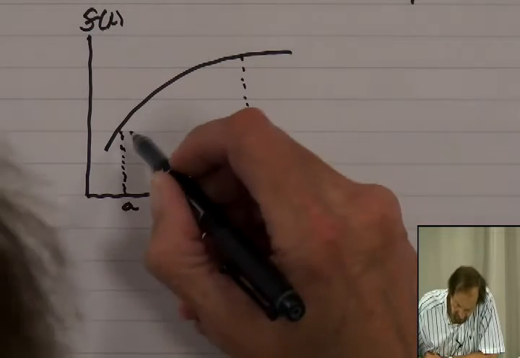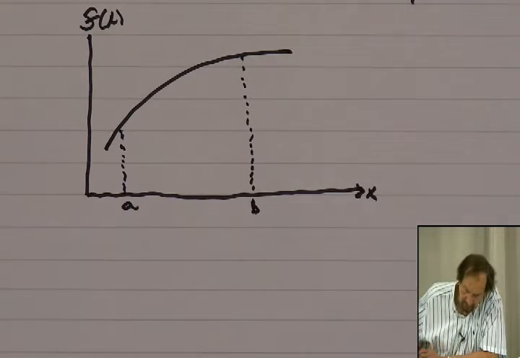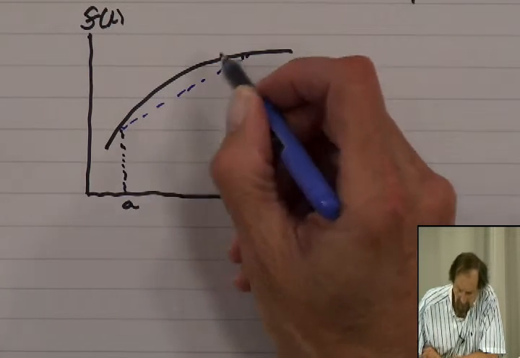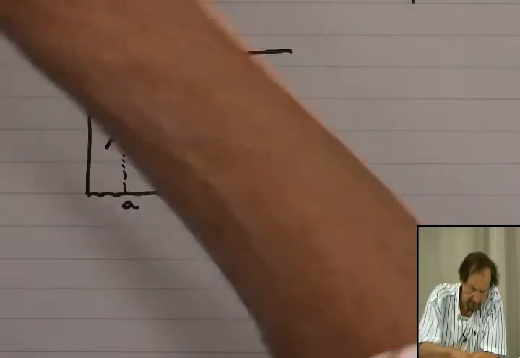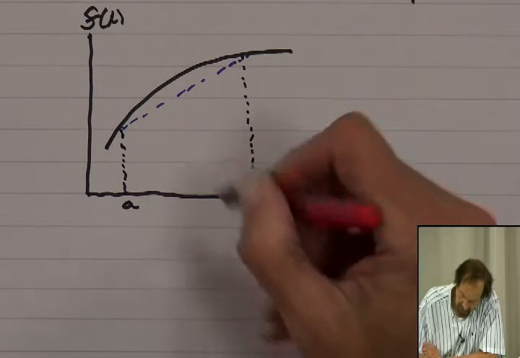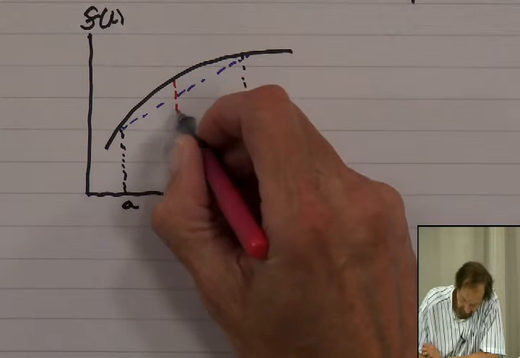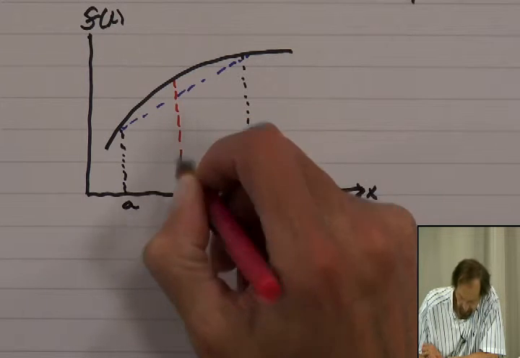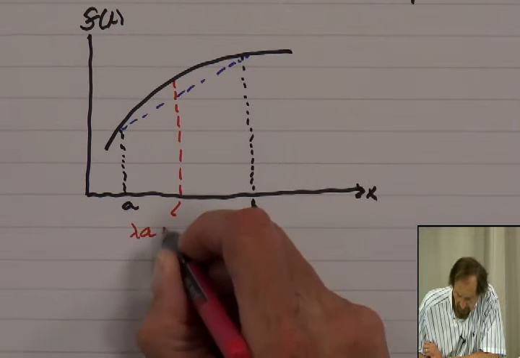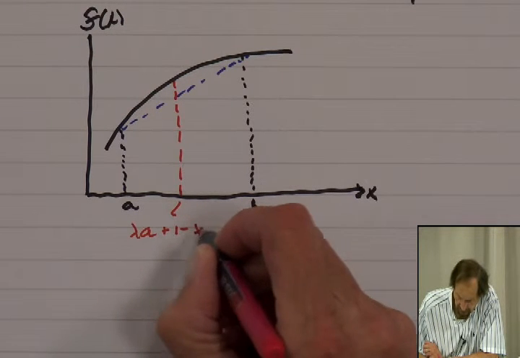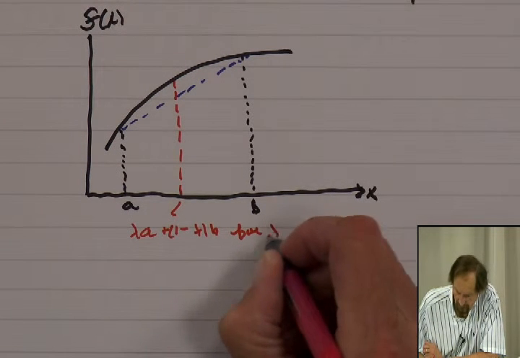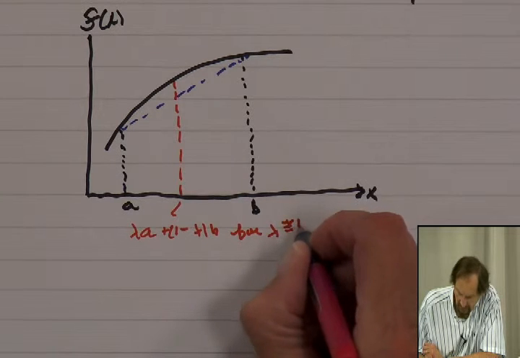And let's draw the straight line between f of A and f of B. Let's take a point halfway between A and B. Let's call this point lambda A plus 1 minus lambda B, for lambda being approximately 1/2.